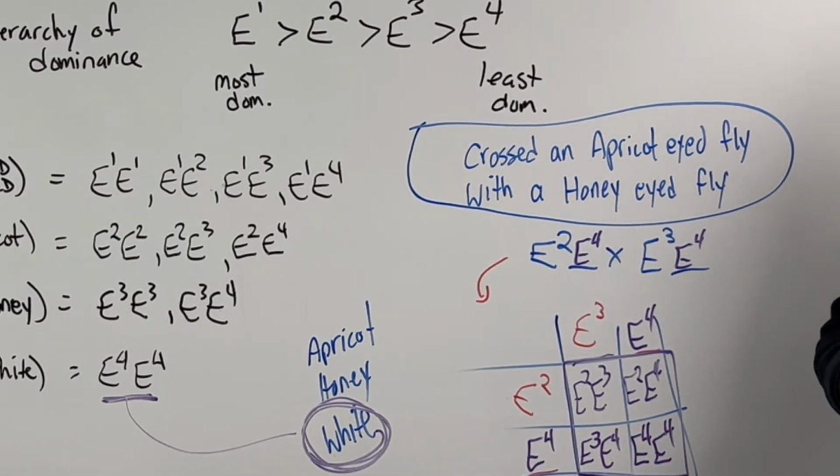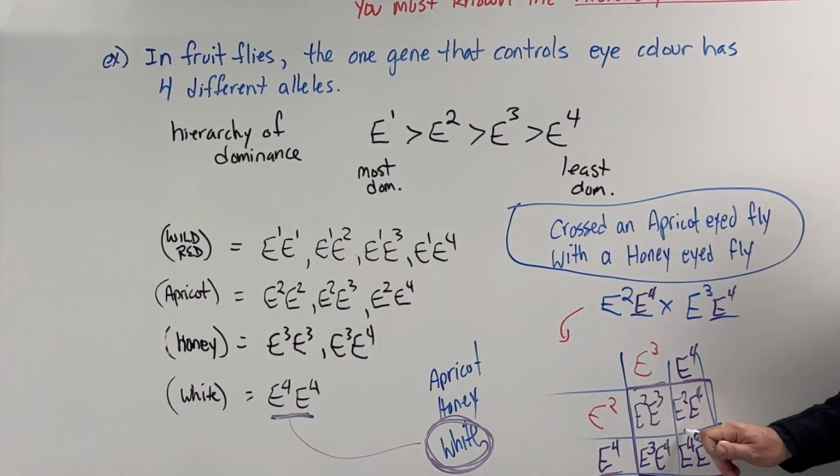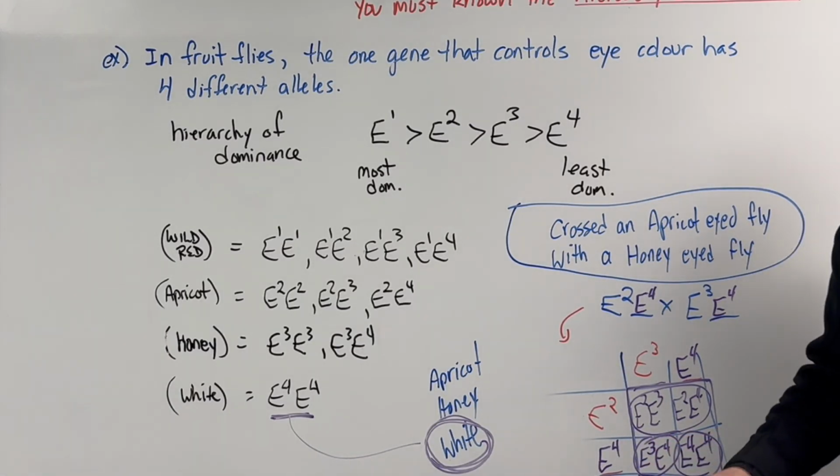Or white-eyed? Okay, so for their first baby, it has a 1 in 4 chance of having white eyes. It has a 2 in 4 chance, or 50% chance, of having apricot eyes. And it has a 1 in 4 chance of having honey eyes.